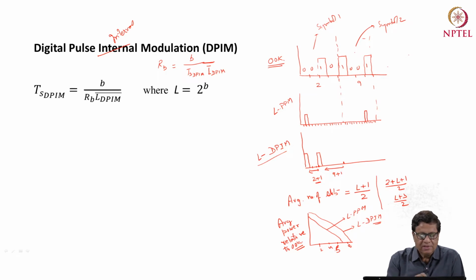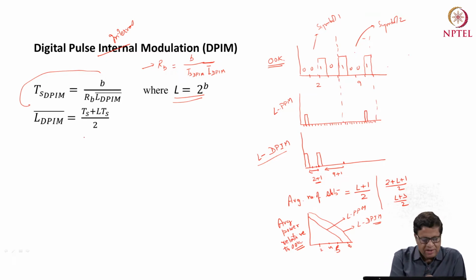So this is the rate RB, and I can write this in this form. The time slot is equal to B divided by RB into the average number of slots in a symbol, and here L is equal to 2 to the power B.